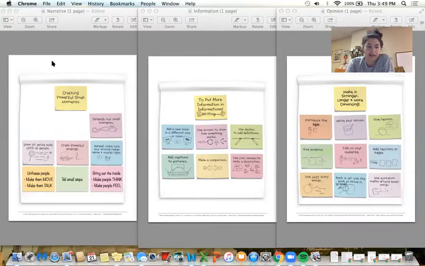So here's my chart for narrative writing. Here's my chart if you've selected to write an information piece. And here's my chart if you've selected to write an opinion piece, okay? So find the chart that you are working with, and use these Post-its as your checklist today.